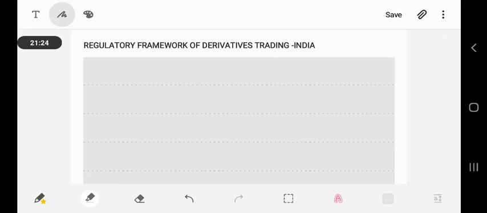What is a financial derivative market? The financial derivatives market in India, we already said that it is under the SEBI control and RBI control. You already discussed derivatives are of two kinds.